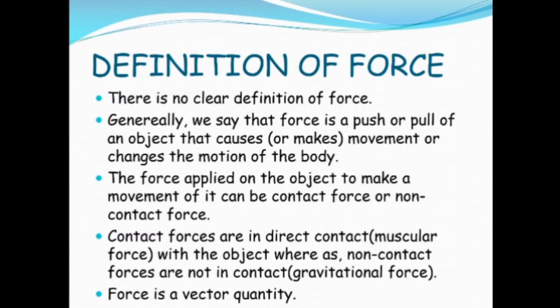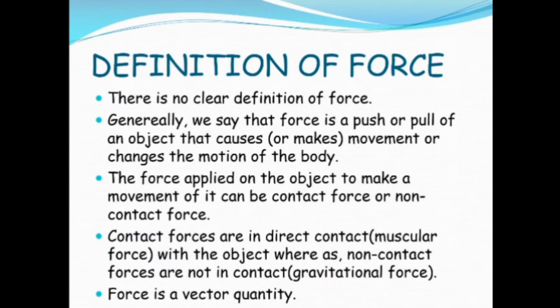The force applied on the object can be a contact force. What do we mean by contact forces? The forces which are in direct contact with the objects are known as contact forces. For example, muscular force. With the help of hands, we can easily push or pull an object towards us or away from us.